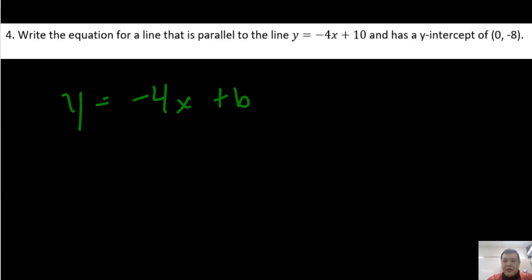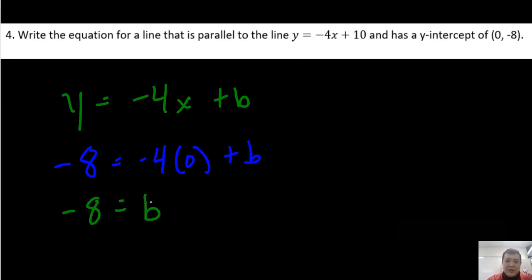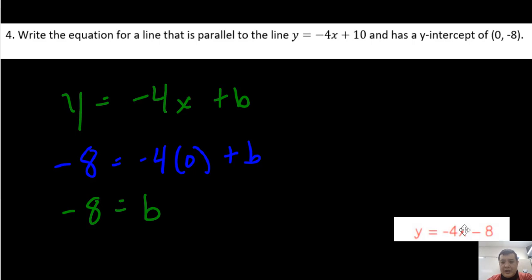And so we plug in our point (0, -8): -8 equals -4 times 0 plus b. And b, therefore, is going to be -8. So therefore, our equation is going to be y equals -4x minus 8.